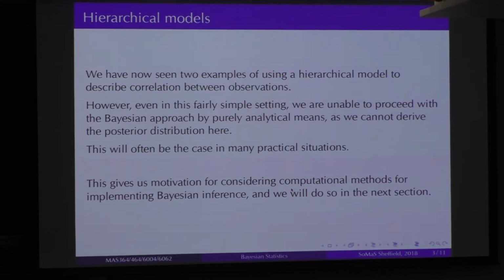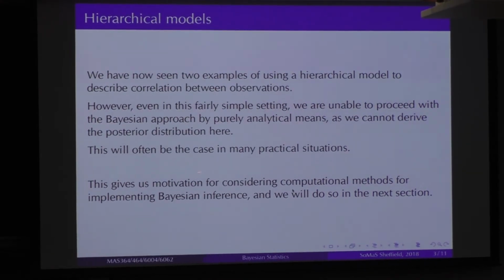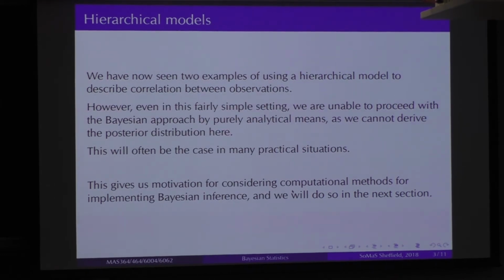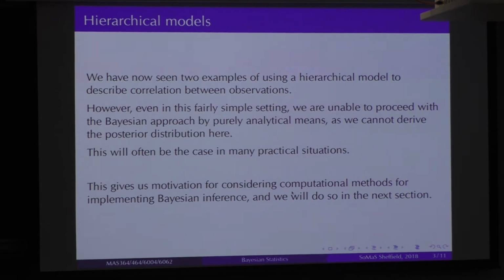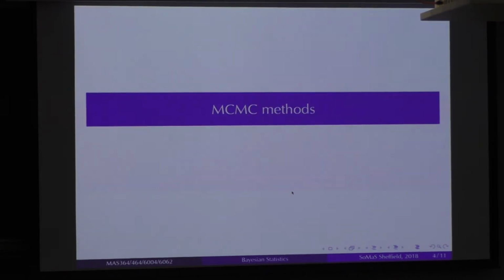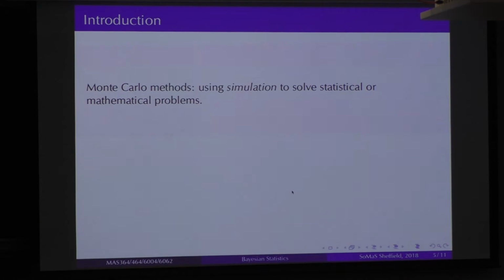So this is basically the motivation for thinking about computational methods that we will start to talk about now. So, MCMC. What I will do with MCMC, at least at this point, is talk very informally about how it works.